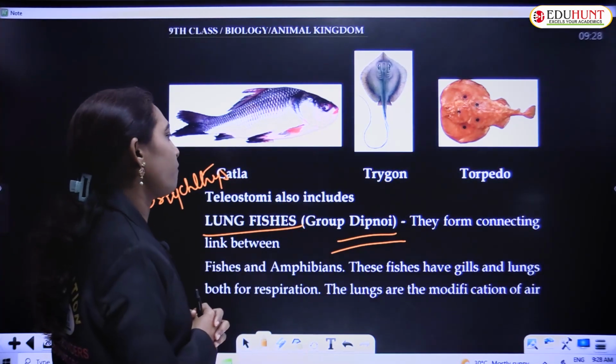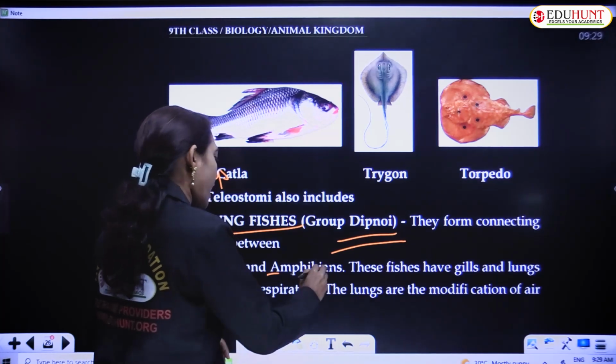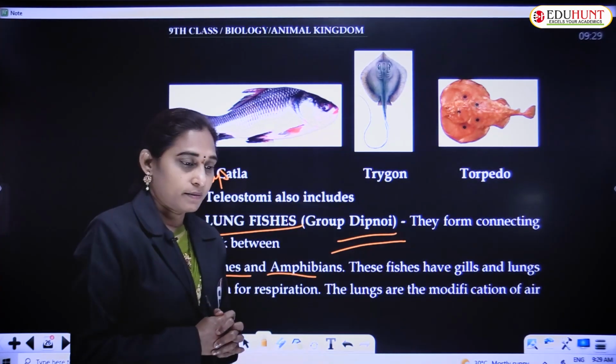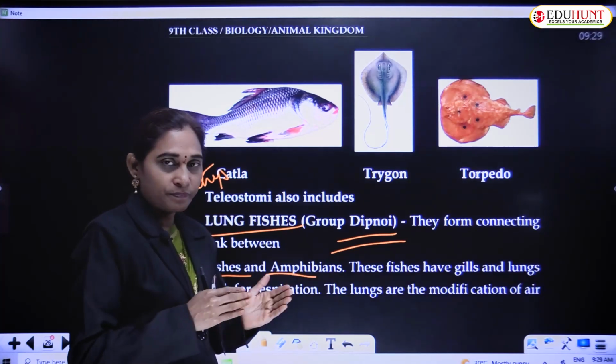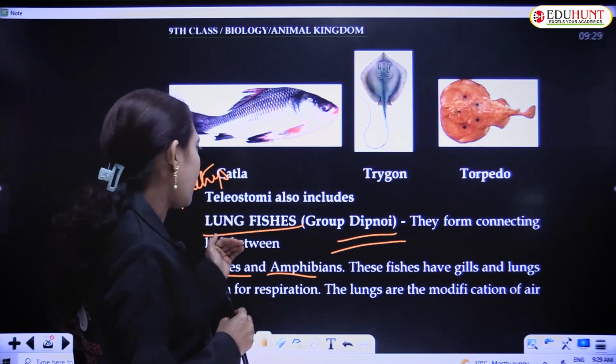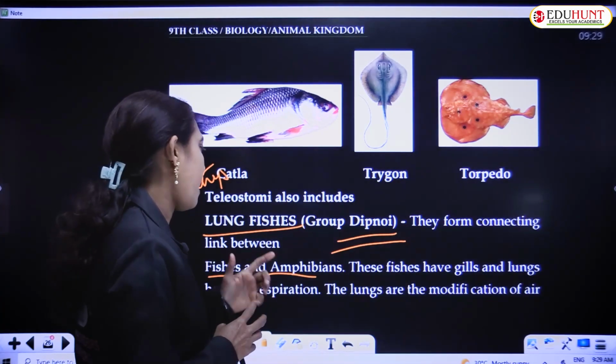And lungfish form the connecting link between fish and amphibians as they bear lungs. These may be regarded as a connecting link between normal fish and amphibians.